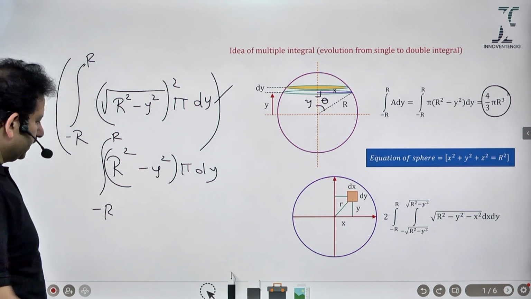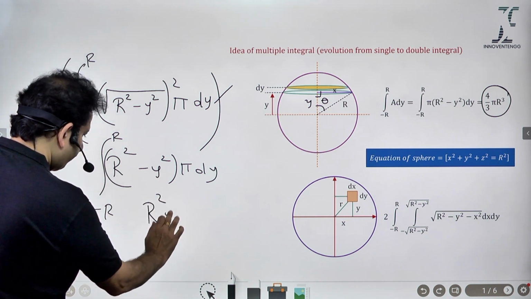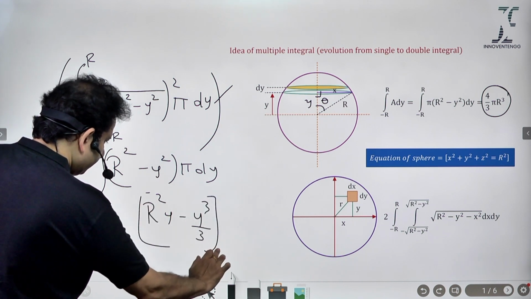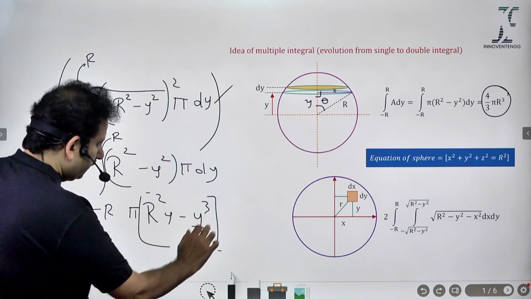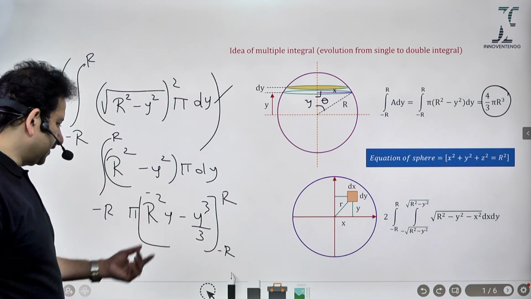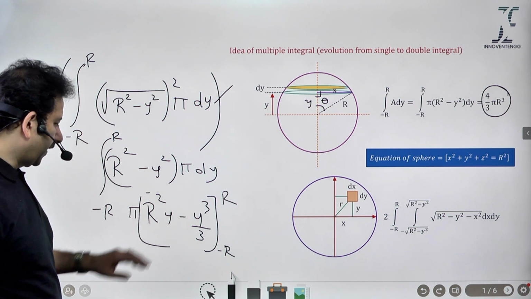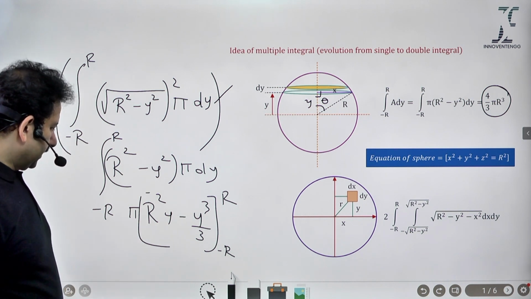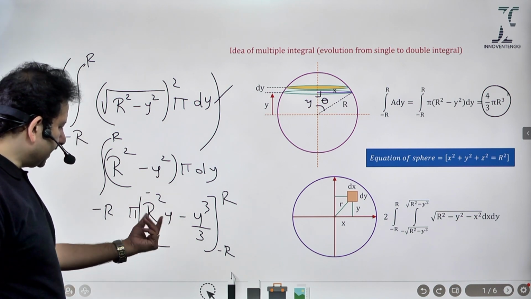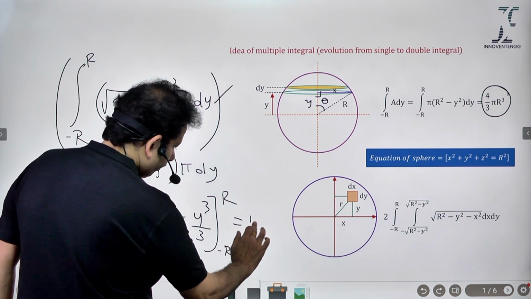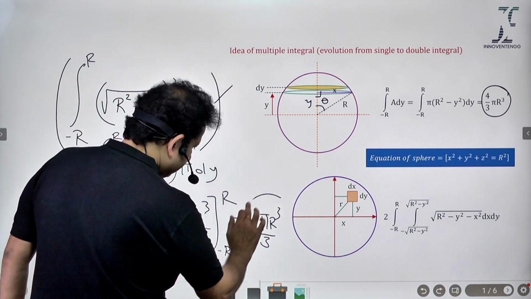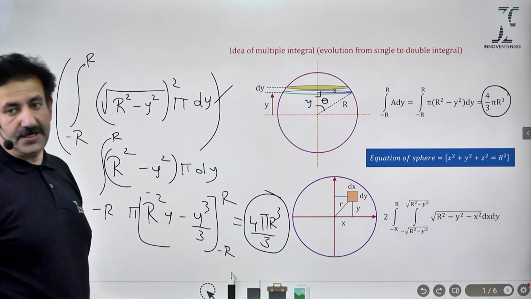If you integrate r square, you will get r square y minus y cube by 3, and then if you put the limits, of course pi will come, minus r to plus r, if you put the upper limit, it turns out to be 2r cubed by 3, and if you put the lower limit, of course that also is going to be adding on to this, so that would become 4 pi r cubed by 3, which is the standard formula for the volume of a sphere.